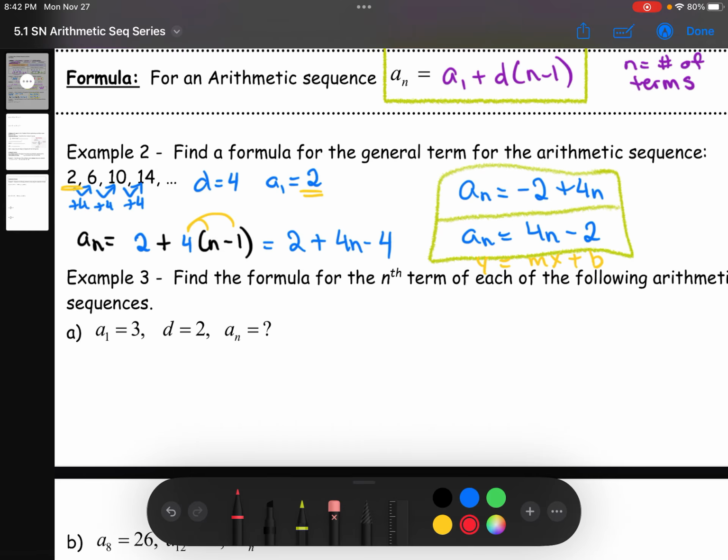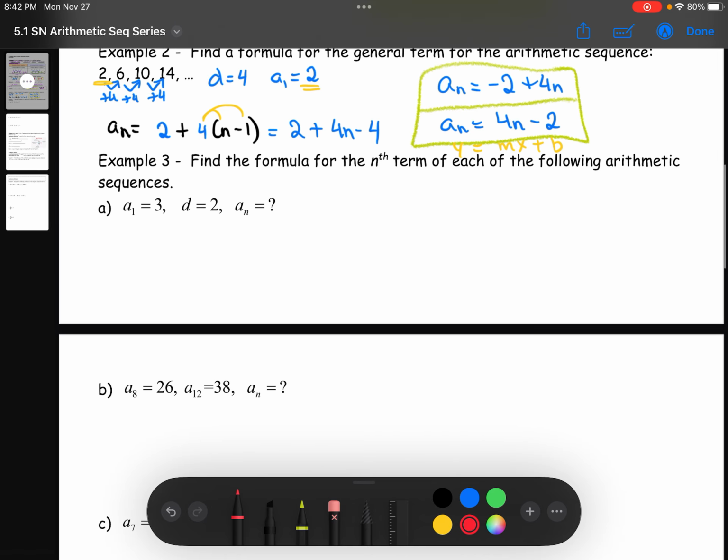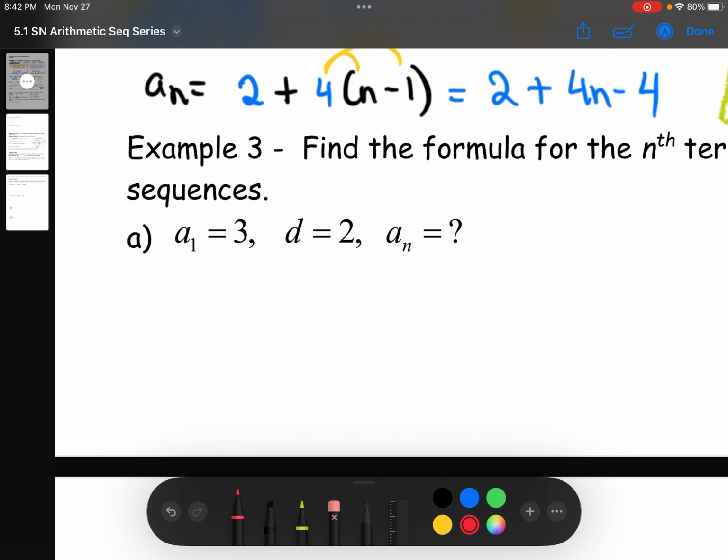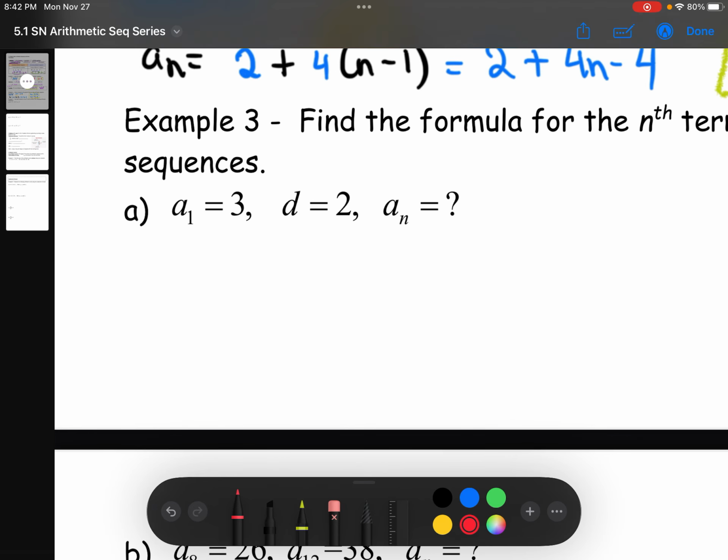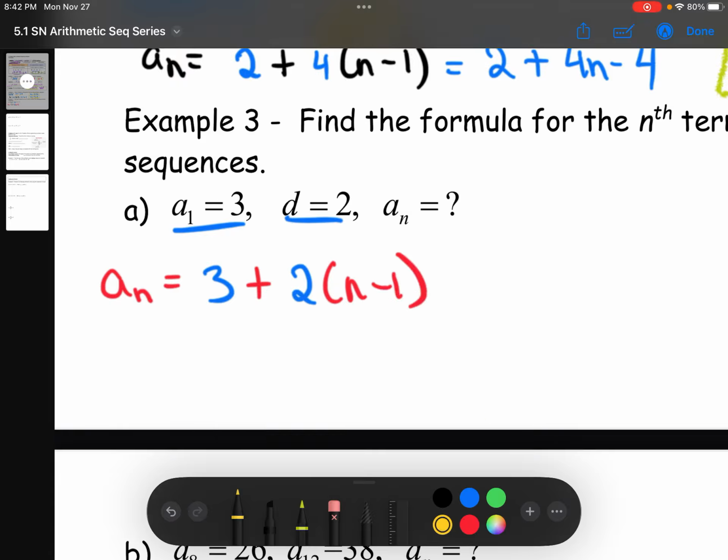So let's look at example 3. We're going to find the formula for the nth term. So if we look at A, we have A1 and we have D. So A sub n is A1, 3, plus D, which is 2, times n minus 1. Now, distribute, multiply first, then add. Do not add that 3 and that 2 together.